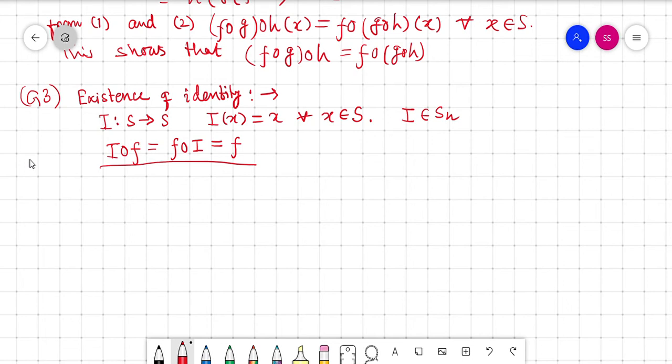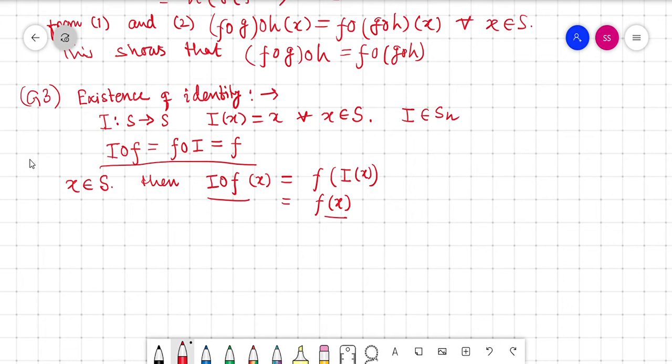If we show this, then it means I is the identity of Sn. So the proof is very simple. Suppose x is an arbitrary element of S. Then what will be the value of I composition f of x? By the definition of composition, it will be equal to I of f of x, and because I is the identity mapping, I of f(x) must be equal to f of x. What does this mean?